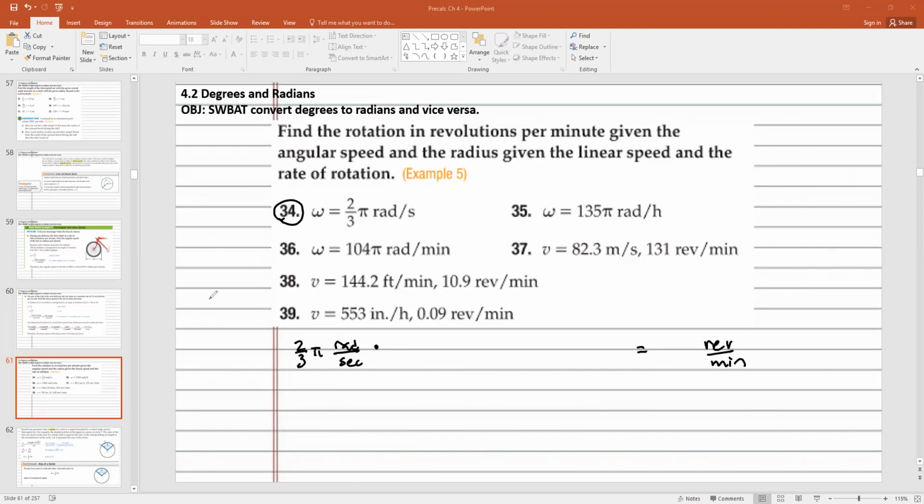So what do we know? We know that 1 minute is equal to, and we want to compare it to the unit that we have for time there, which is seconds. So 1 minute is how many seconds? 60 seconds. So a way to write this is 1 minute over 60 seconds, or 60 seconds per 1 minute.